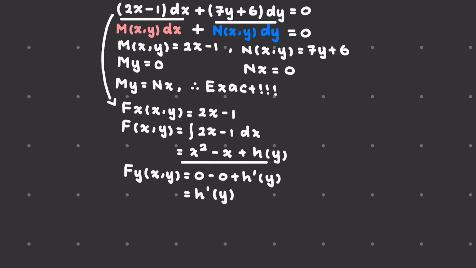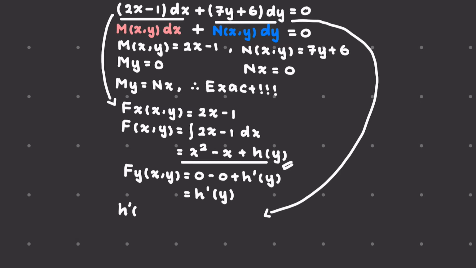After this step, we do our last step in order to find our h(y) component. We use this partial derivative of f with respect to y and set it equal to N(x, y), which we do right here, equals 7y + 6. We're doing the same thing and integrating it as well.